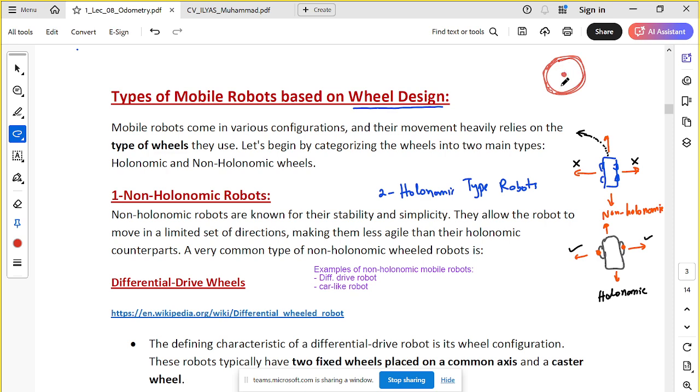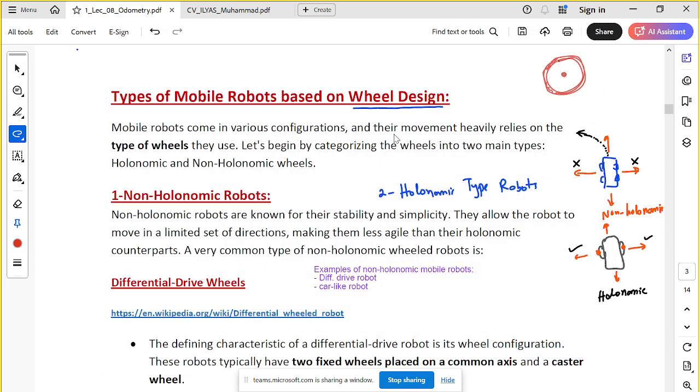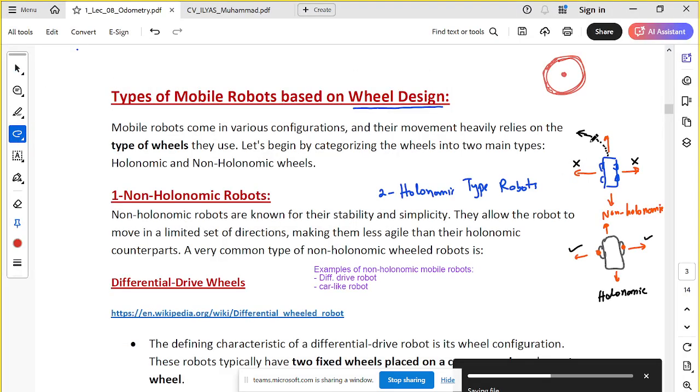This type of wheel we are already familiar with. But there are some other types of wheels we will discuss today, which are used in the design of mobile robots.